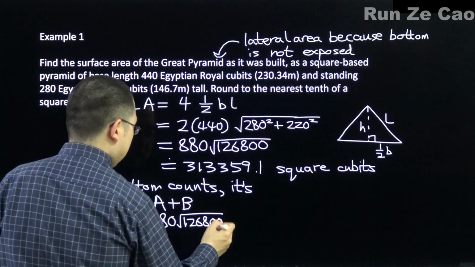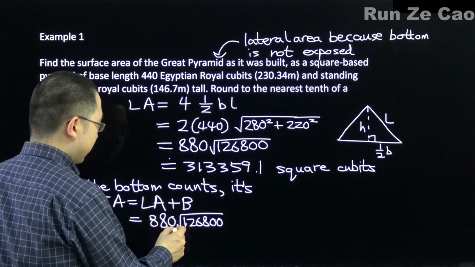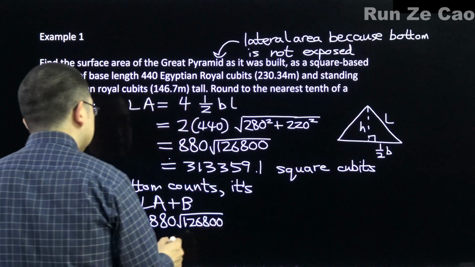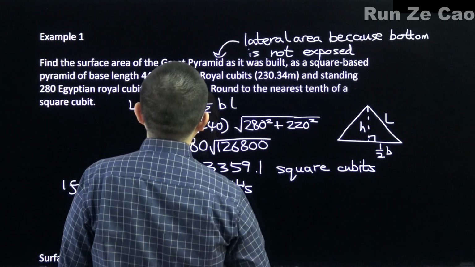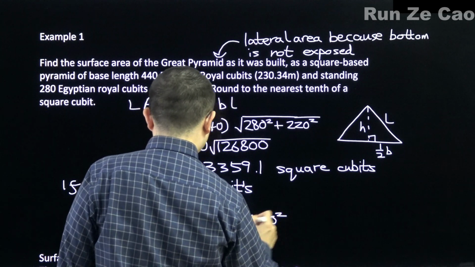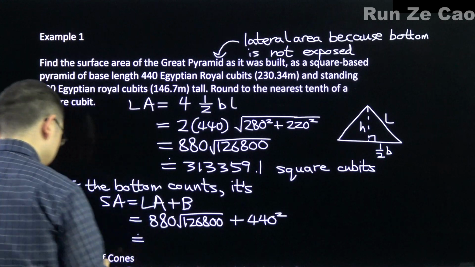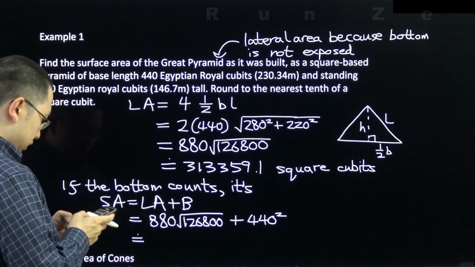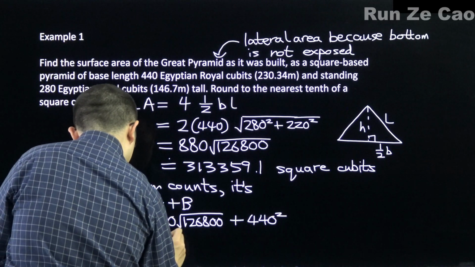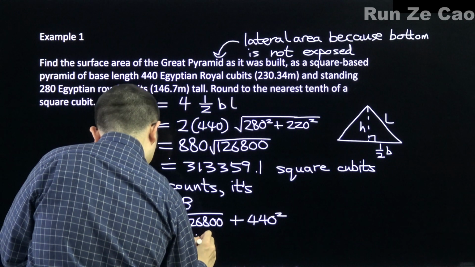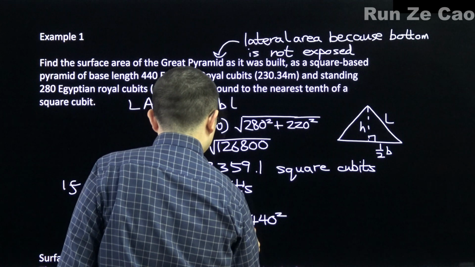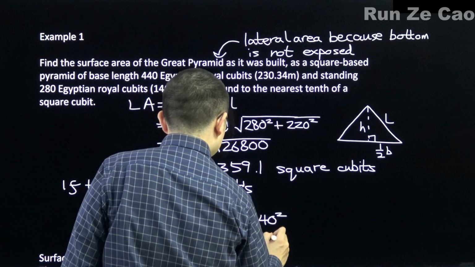I mean, I could totally extract 100 here and get out 8,800 times root 1268, but whatever. Plus base, which is 440 squared. Approximately 506,959.1 square cubits.